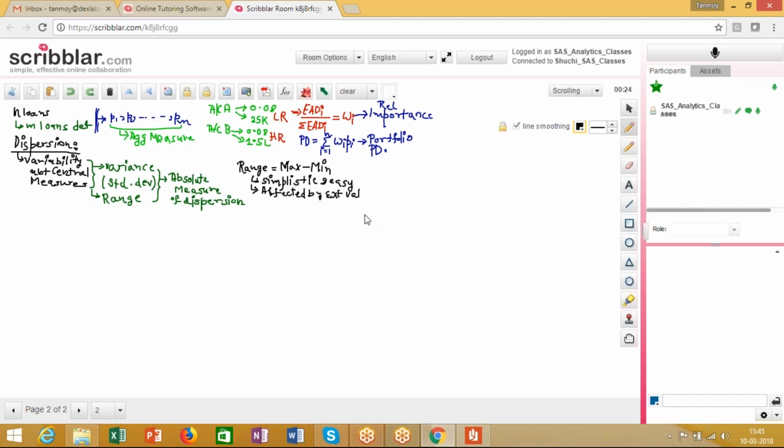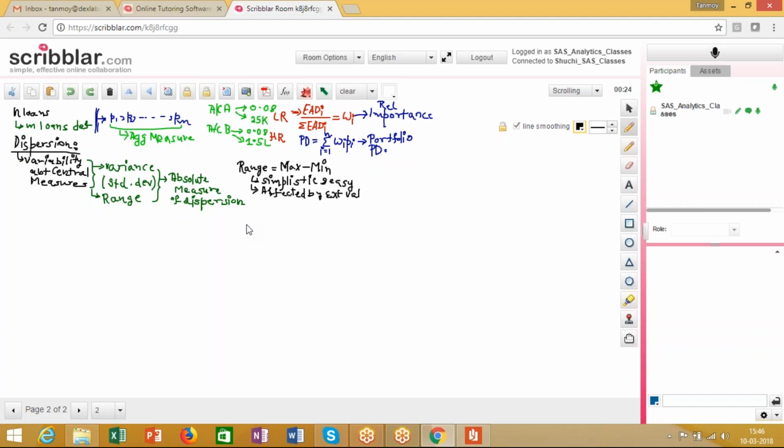So it's simplistic and easy, but it gets affected by the extreme values. That is the reason why you do not use range as a very critical measure. What you do is you report range, but for your analysis, you consider variance or standard deviation.